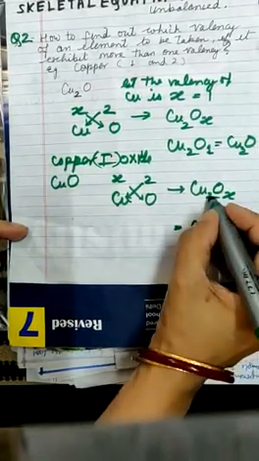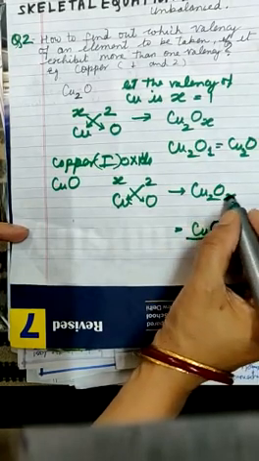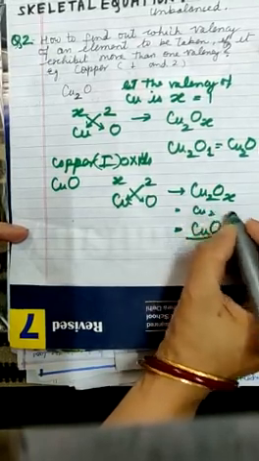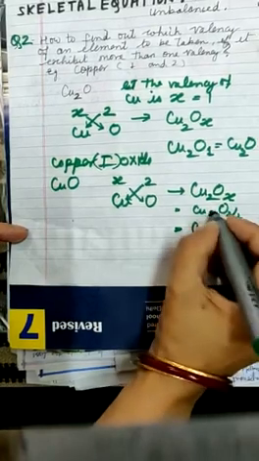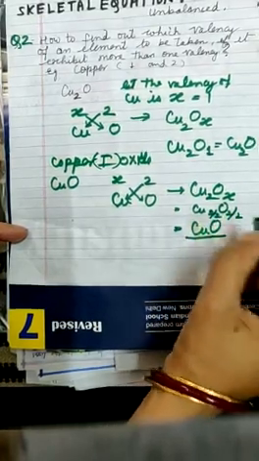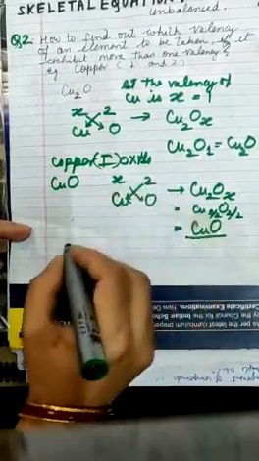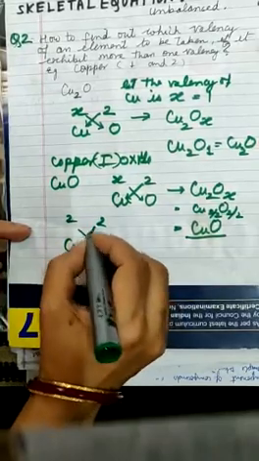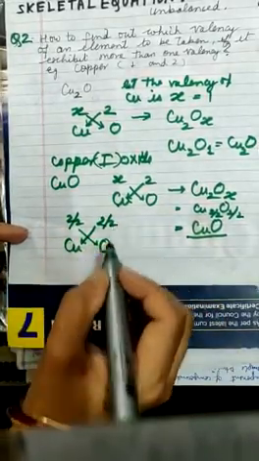For that, this 2 should get cancelled. This 2 will get cancelled when X is also 2, because in that case we divide the valencies by the smallest number to get the simplest ratio. So what do we do if it is 2? Cu2O2. We can divide it by the common factor.